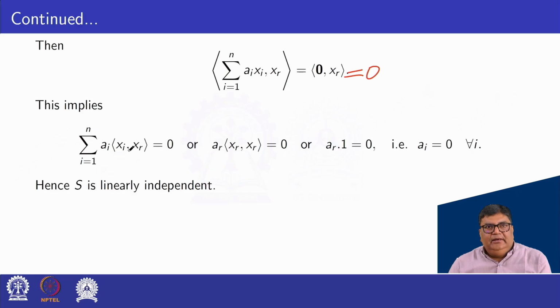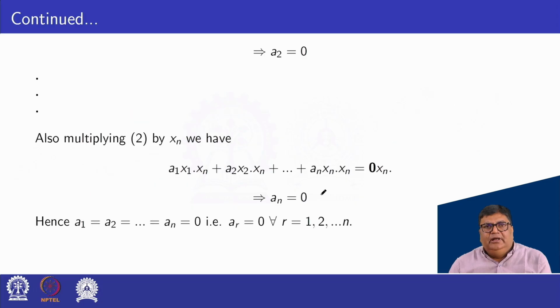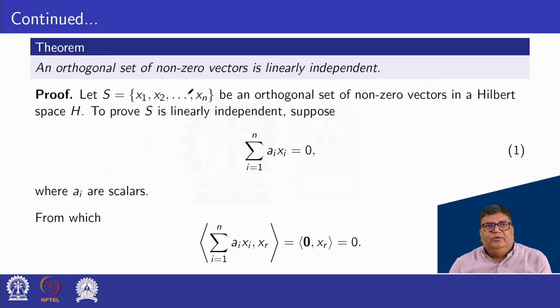And if i is equal to r, we have ar times the inner product of xr and xr, which is equal to 0, that is the r-th term. Okay. So ar into 1 is equal to 0, that is ai is equal to 0 for all i. Hence S is linearly independent. So the proof is similar to this theorem. Okay.